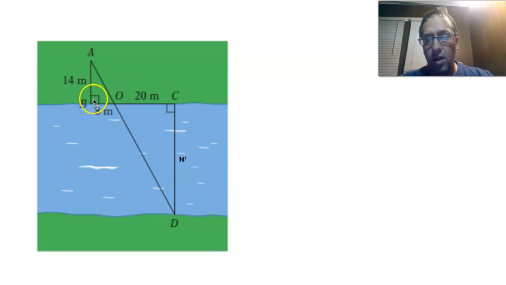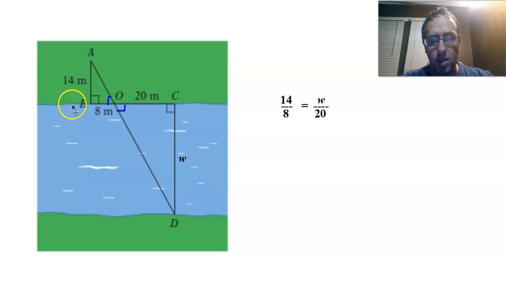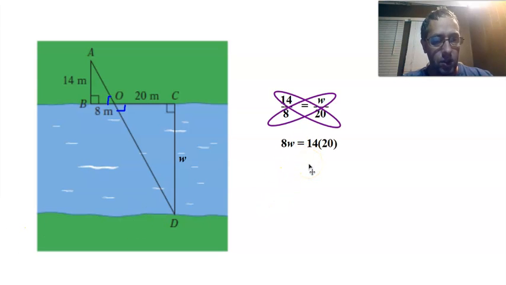And again, you have a right angle here, you have vertical angles right here and right there, and so you have, again, angle-angle similarity. All right, so you set up your proportion. So 14 over 8 equals width over 20. Going to do cross products there, so you have 8w equals 14 times 20. 8w is 280, divide both sides by 8, and the river is 35 meters wide.